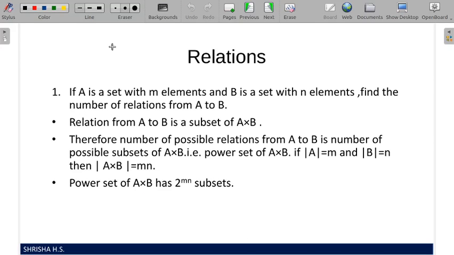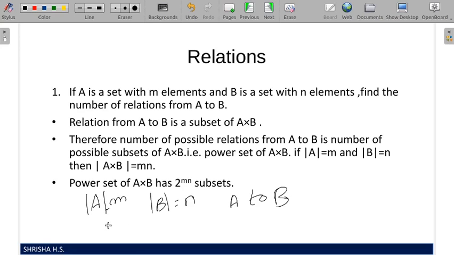Next question in front of us. Suppose we have a set A with m elements, and set B with n elements. How many relations are possible from A to B? We'll discuss first and then see the points.